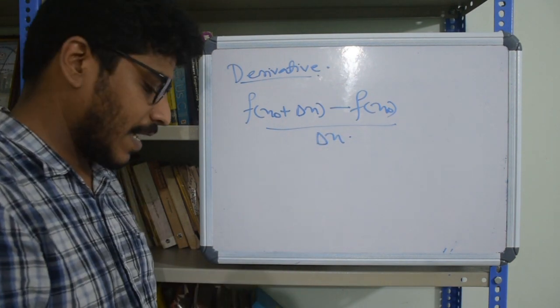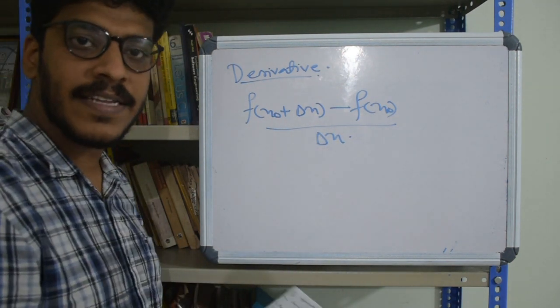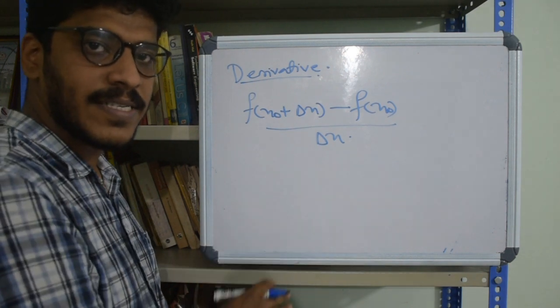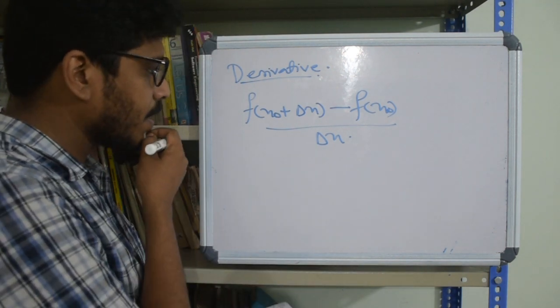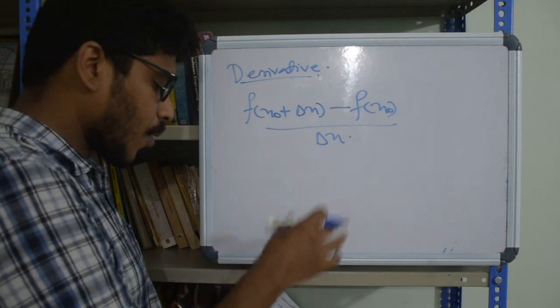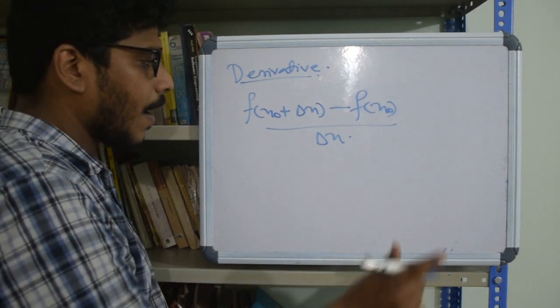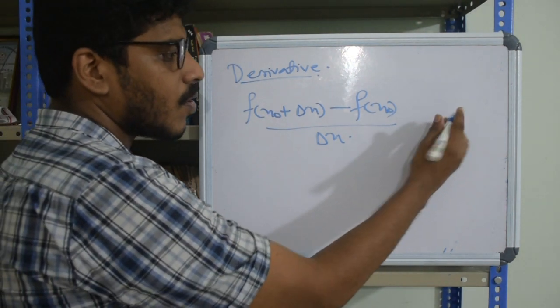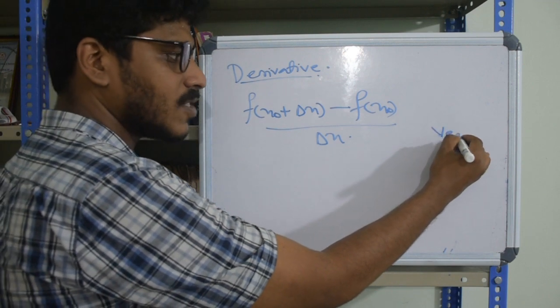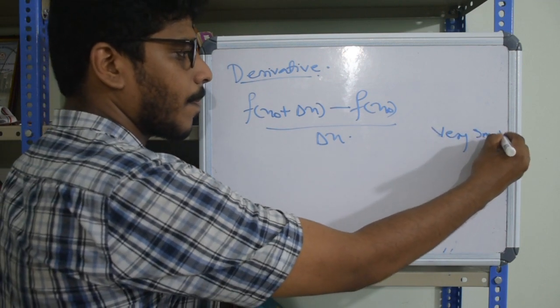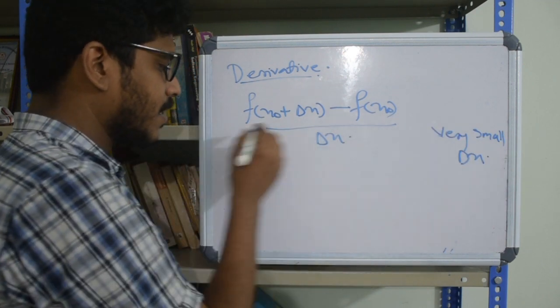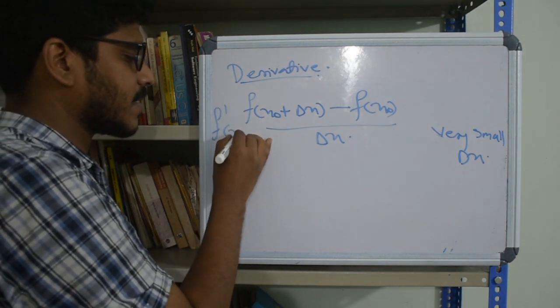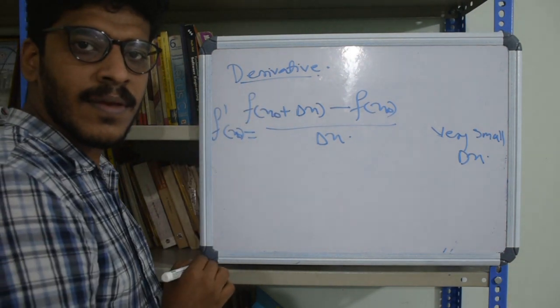The same formula we have been using so far to find the velocity, the slope of the tangent, and this quantity approximated for small delta x or very small delta x gives the derivative of the function at x naught. Right.